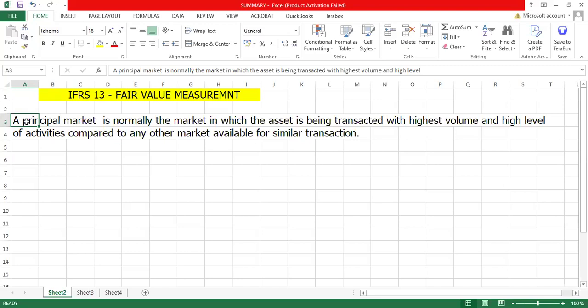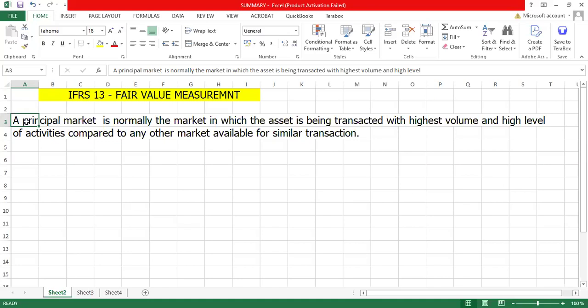If you realize that in the market, let's say A, that asset is not all that much there, then you cannot use that one as principal market. When you're looking for the market of, let's say, Matoke, you cannot go to Karamoja.